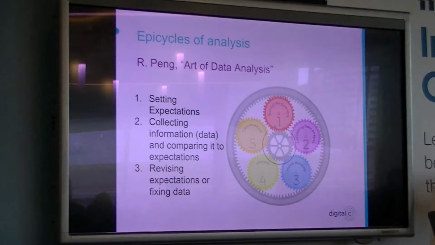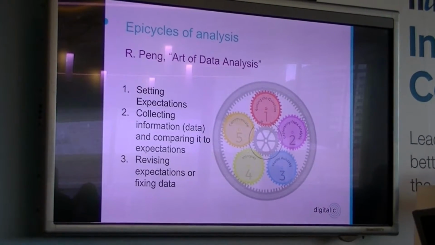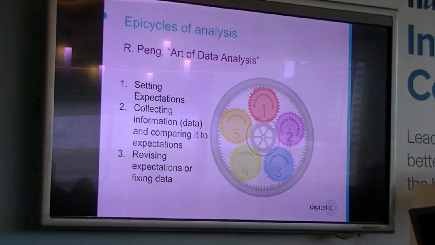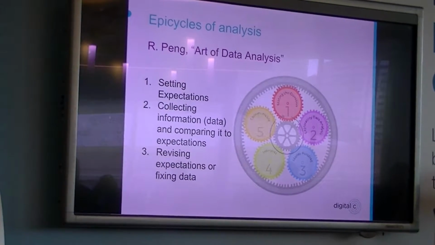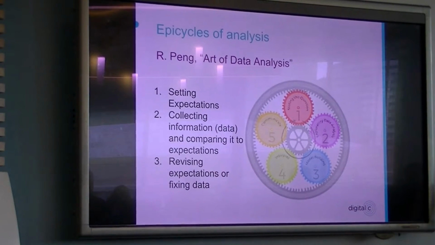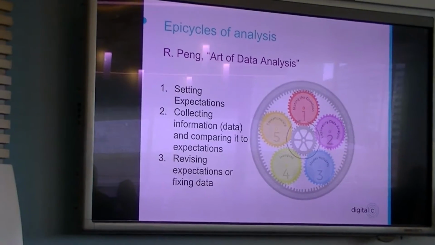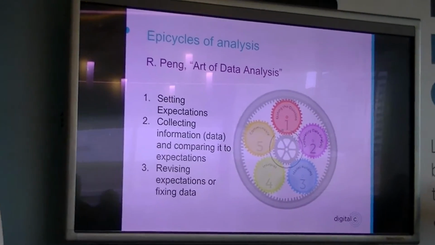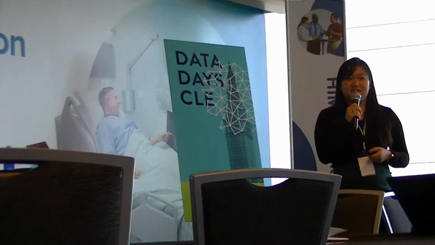It's a little hard to read, but I will go through the questions on additional slides. The context is that you go through each of the 5 wheels, and with each wheel you're asking 3 questions. What's your expectation out of this cycle of analysis? Then you collect your information and compare it to what you expect. Then you go back and revise your expectations and fix the data.